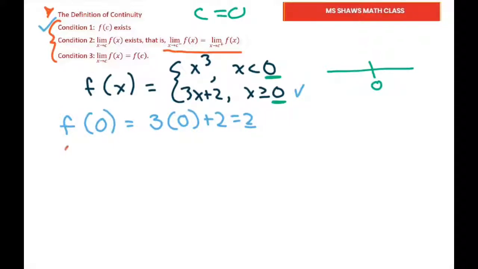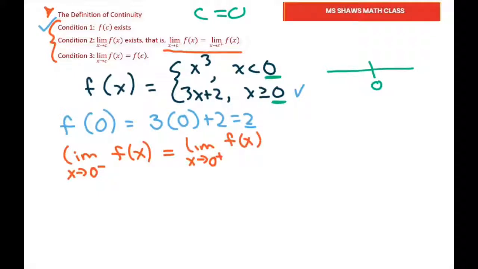Basically, you're writing the limit as x approaches 0 from the left of our function, or our graph. That should equal the limit as x approaches 0 from the right of our graph. If it doesn't, it's going to be discontinuous. So as you're approaching 0 from the left, what's the graph doing?